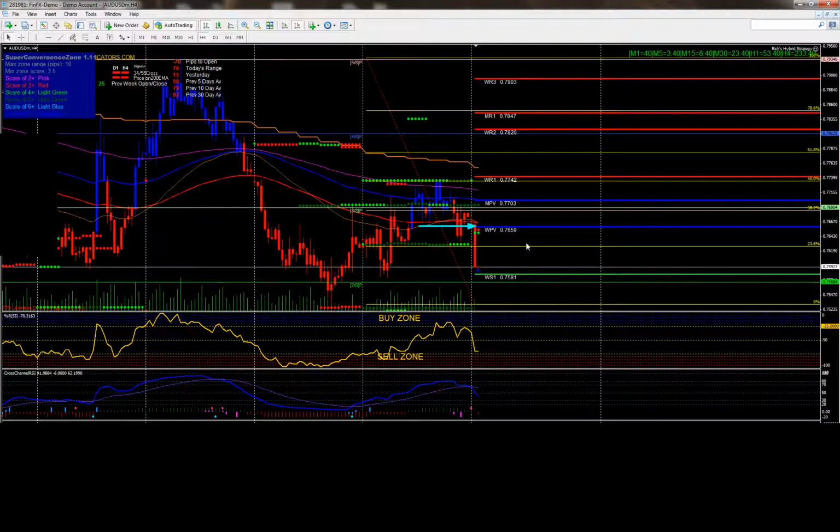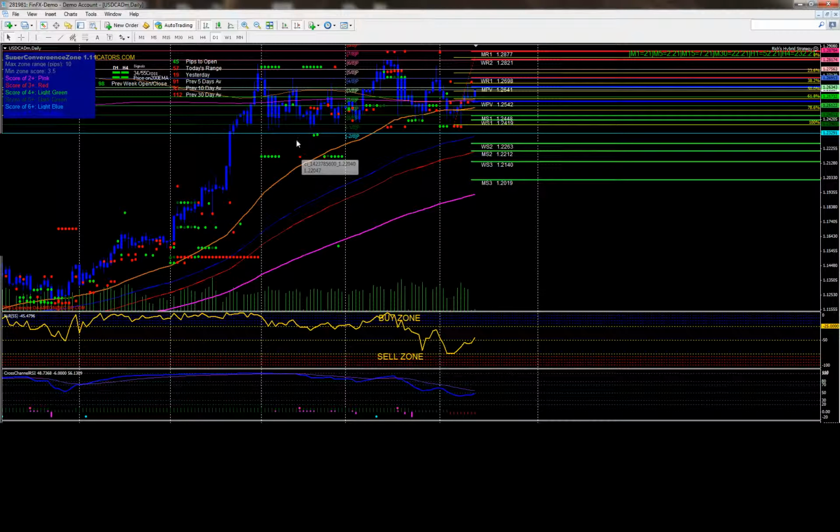A little bit more aggressive if we continue to see the super convergence zone come back into play. Currently, it is not. We don't have the dot on the current 4-hour candles, but we will see if that turns into a resistance area if we get a shallow pullback after this news.